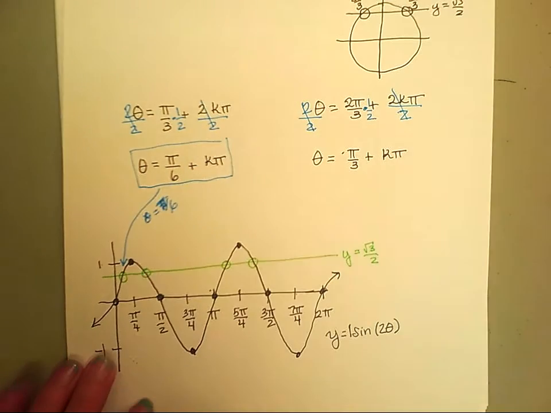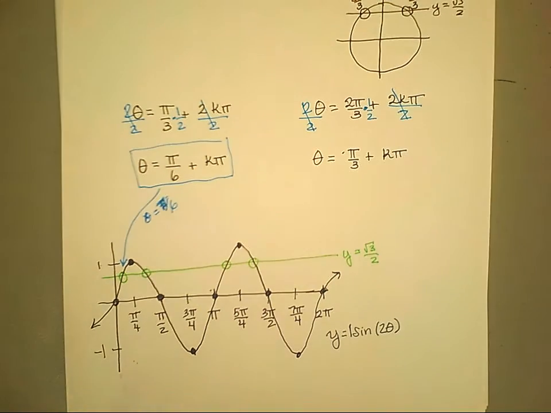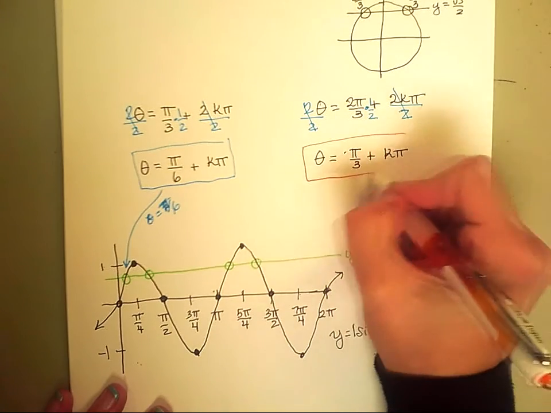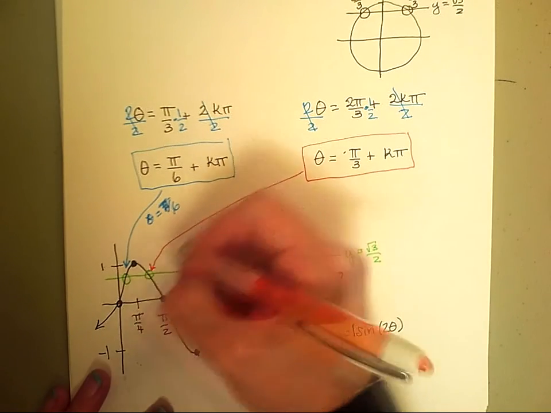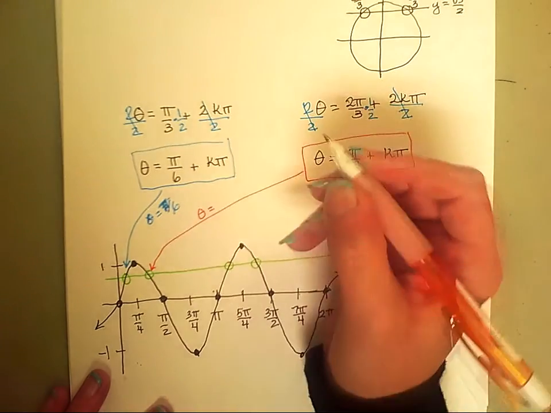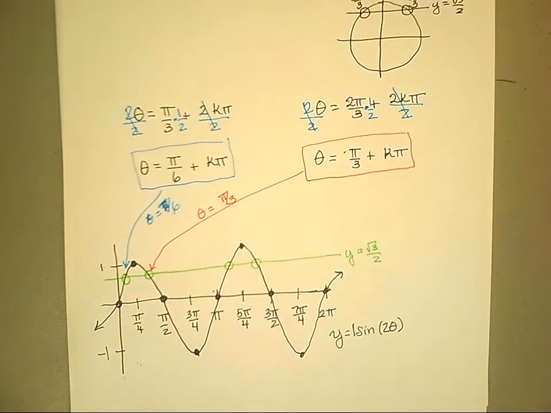Okay. Now the next one comes from here, and if k is 0, then this term goes away. So the very next angle here is theta is equal to pi over 3.